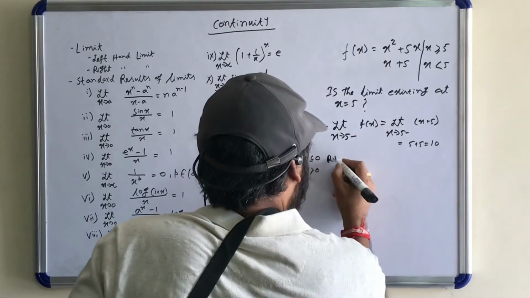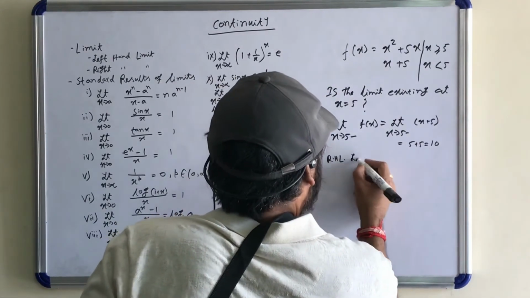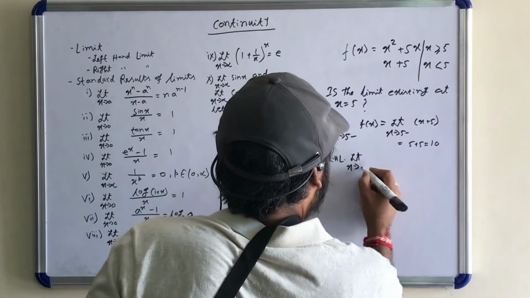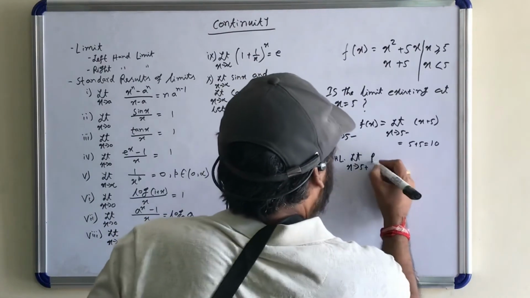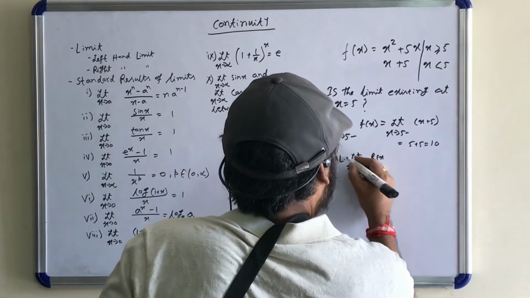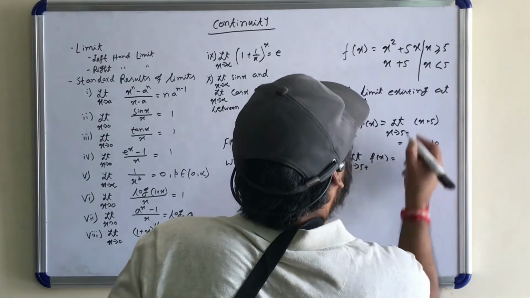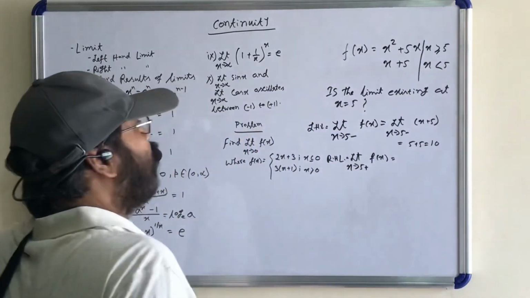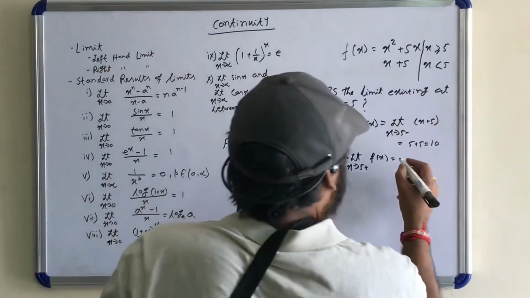What is the right hand limit? Limit x tends to 5 plus f(x). When x is greater than or equal to 5, it is x square plus 5x.